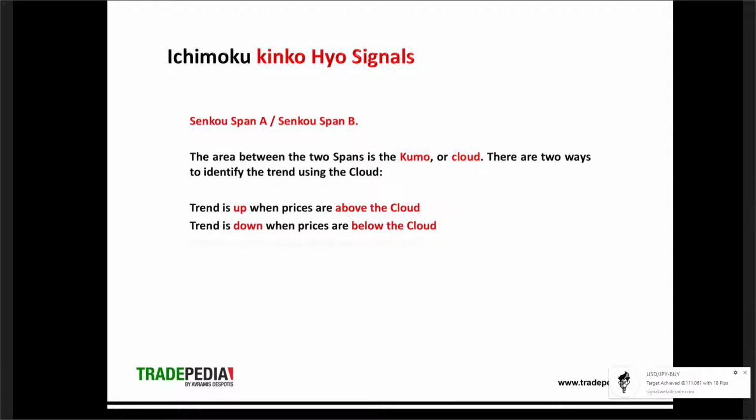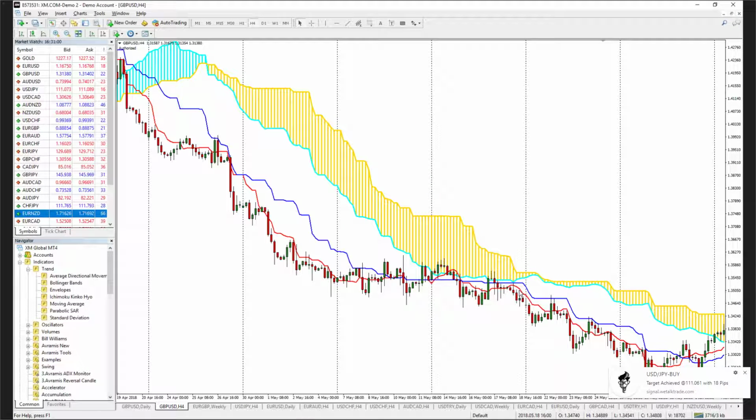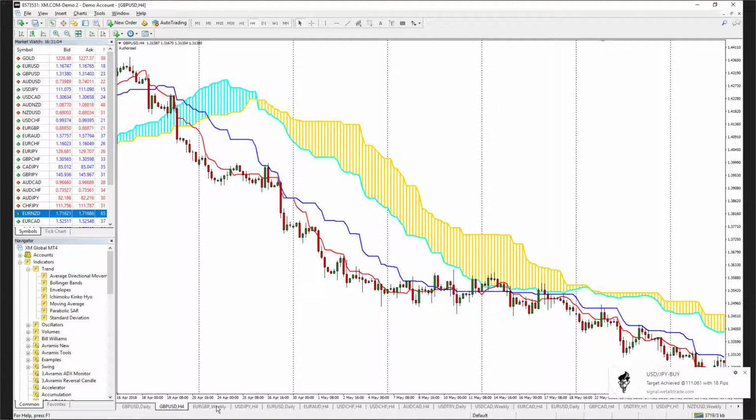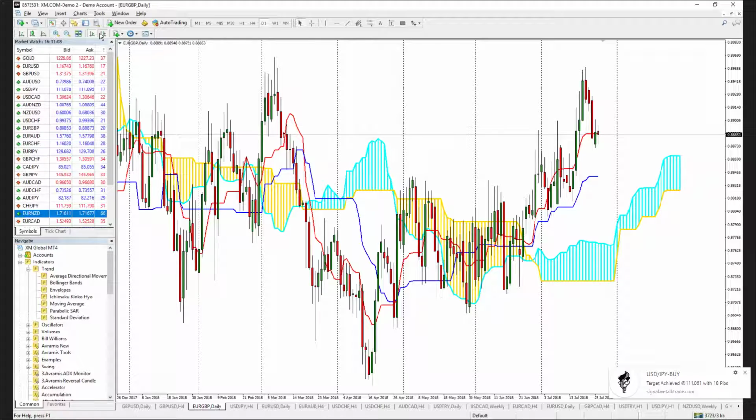And price is considered neutral when prices are inside the cloud. All right, so prices are considered neutral when you're inside the cloud. So when is a situation that we might be inside the cloud?